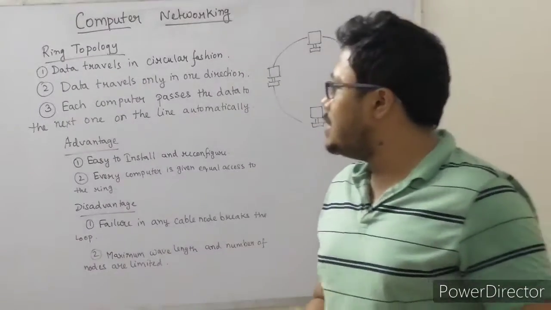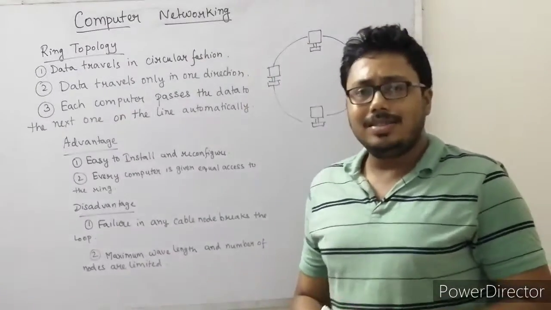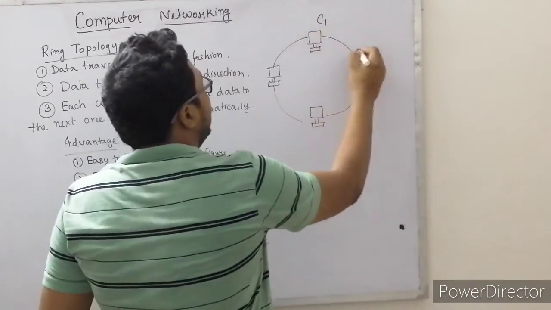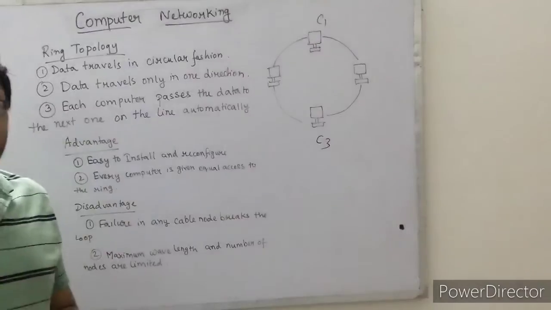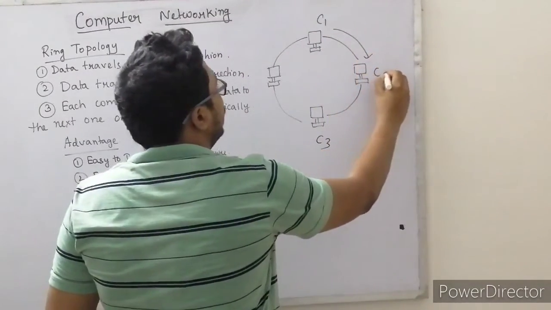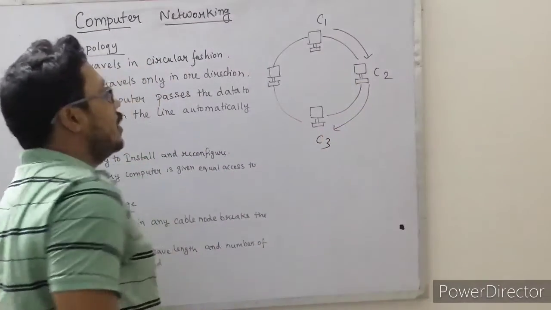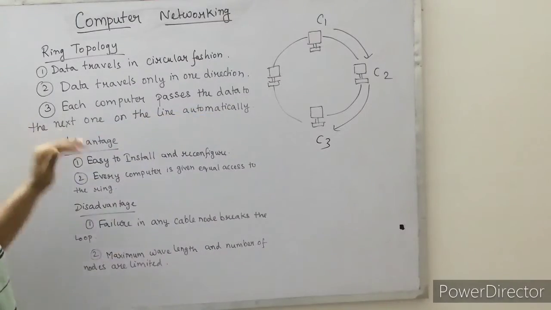Each computer passes the data to the next one on the line automatically. What does that mean? Suppose the data is being transferred from C1 to C3. First, the data will travel to C2. Then the data will travel from C2 to C3. That's why each computer passes the data to the next one.